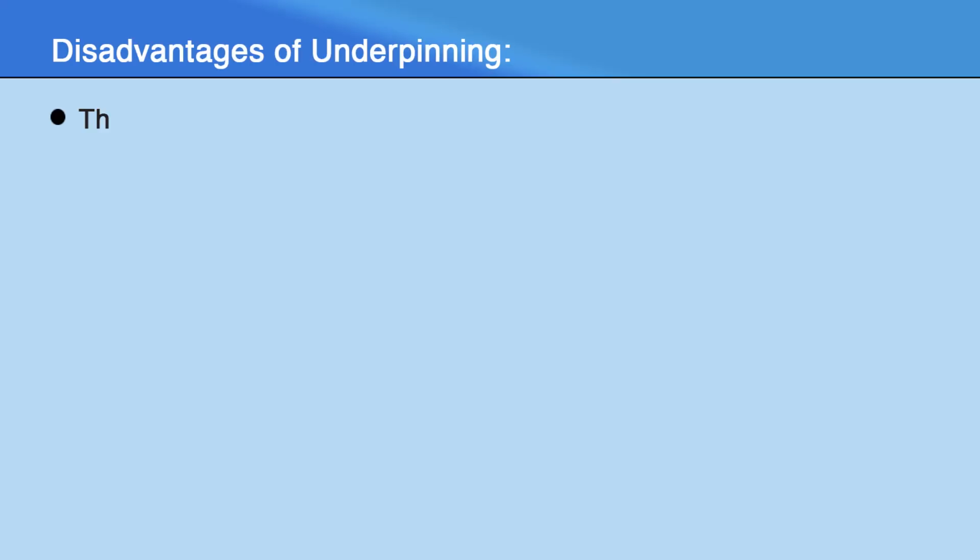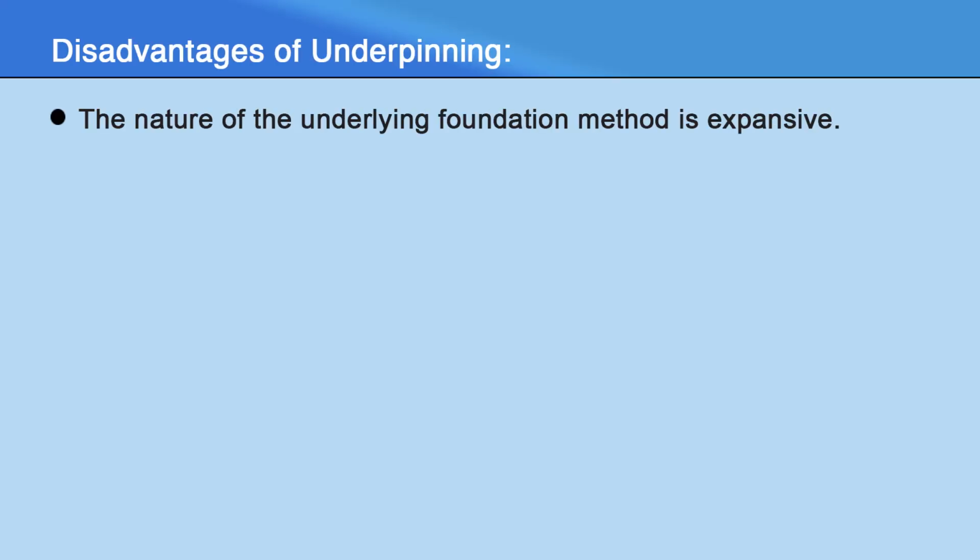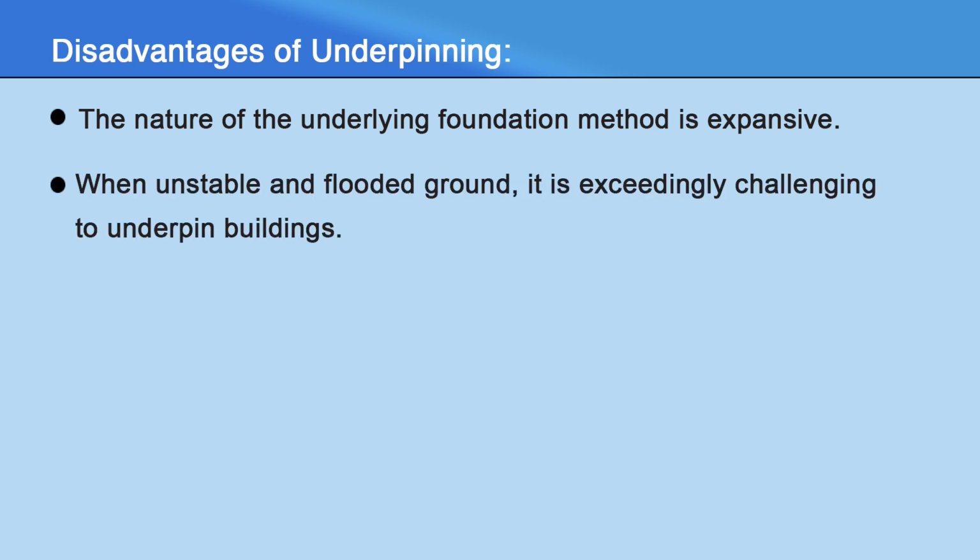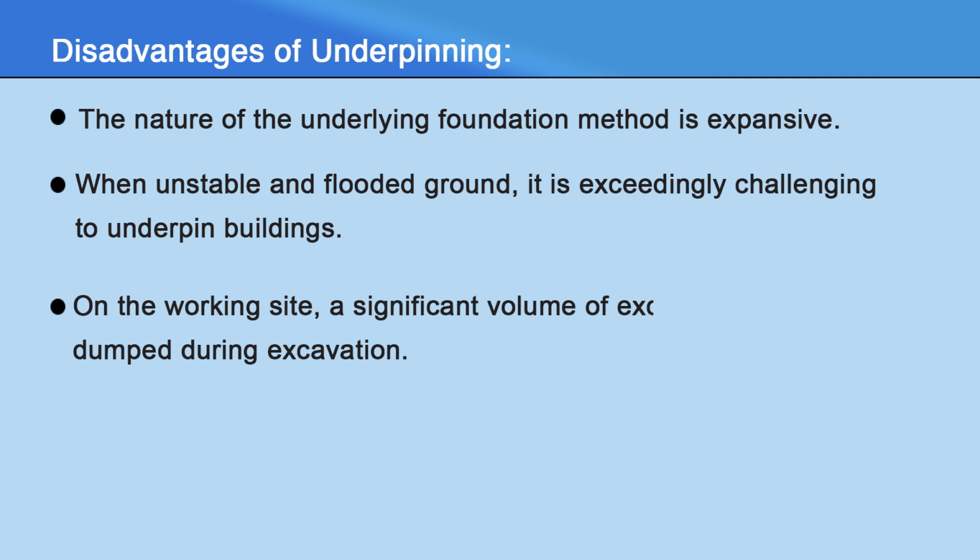Also, you won't have to pay for expensive repairs down the road. Disadvantage, the nature of underpinning foundation method is expensive. When the ground is unstable and the floor is weak, it is exceedingly challenging to underpin buildings. On the work site, a significant volume of excavated material is to be dumped during the excavation.